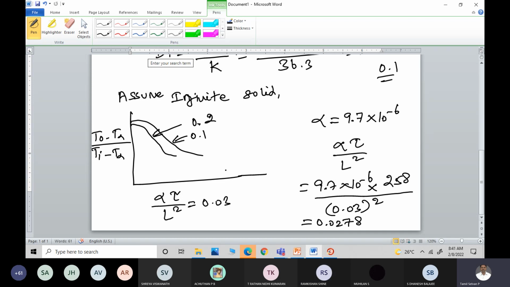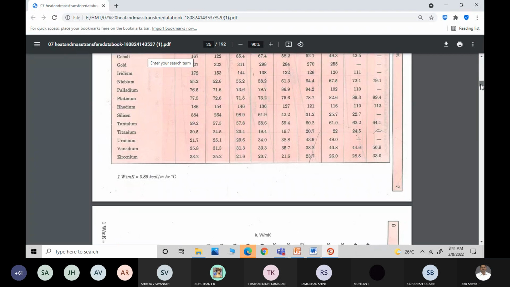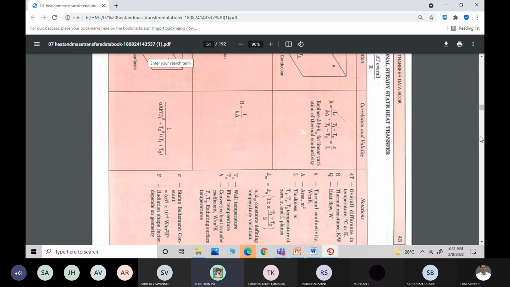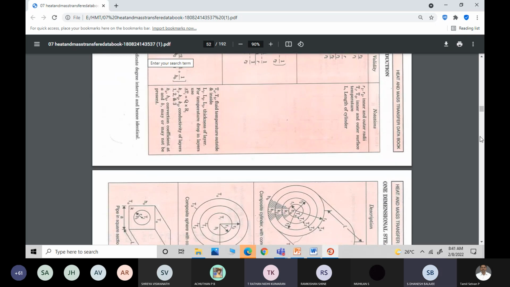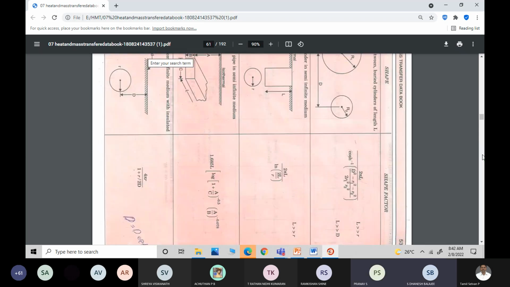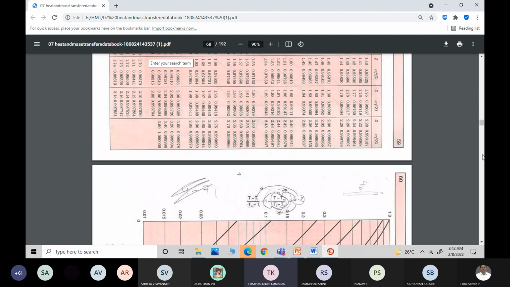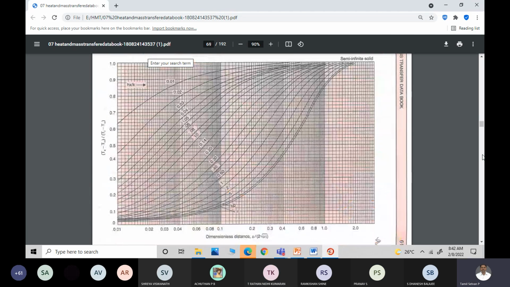Am I correct? Yes, sir. And you can look into here. Sir, I'm getting 2.78. Please check your values. So 2.78 only we are getting. Okay, no issues.